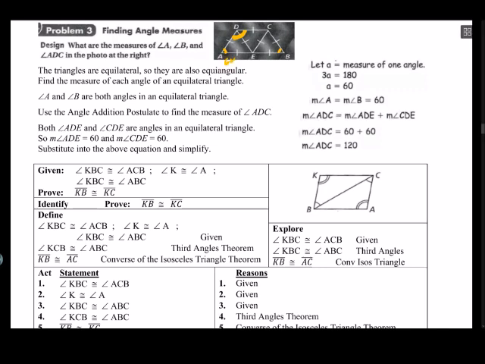So this one is 60 degrees, this one is 60 degrees, this top one here is 60 degrees, this one over here is 60 degrees. So the measure of angle A is 60 degrees, angle B is 60 degrees, and the measure of angle ADC is going to be 120 degrees because we simply add them together.